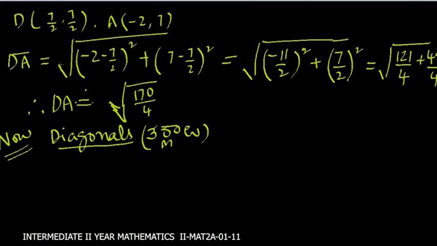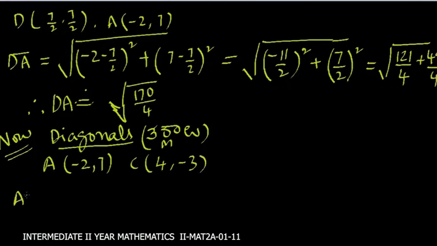Now let us take the points A and C. A is (-2, 7) and C is (4, -3).